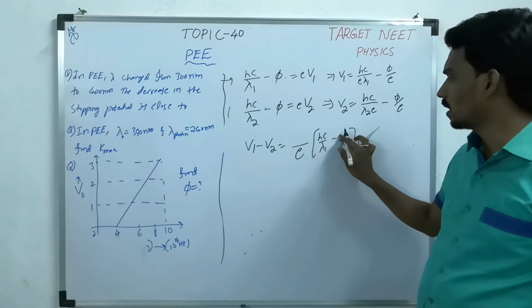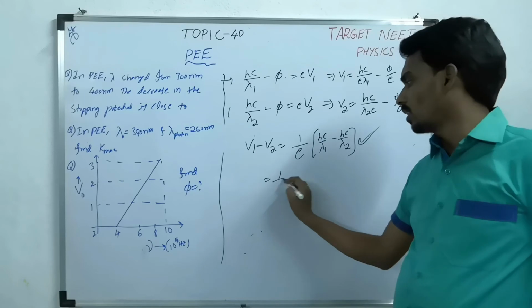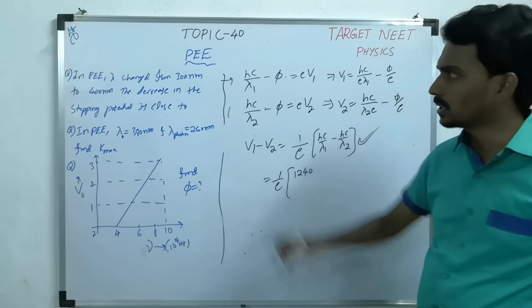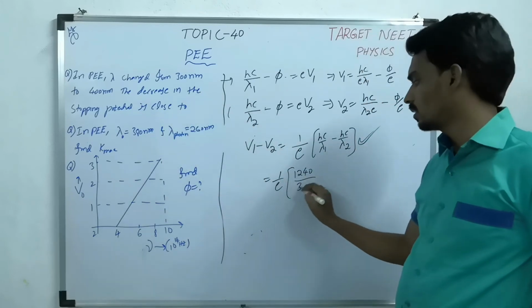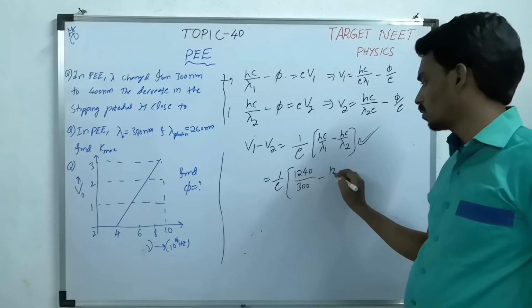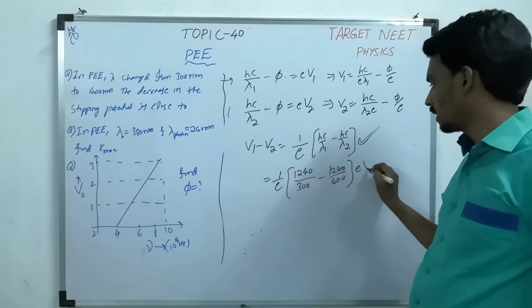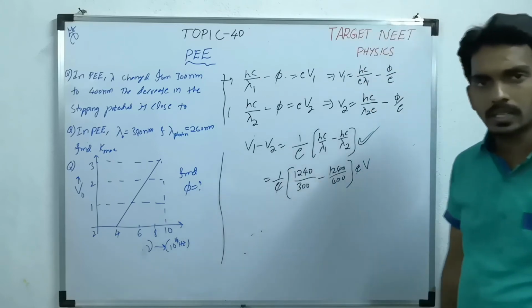Now if you consider hc by e, you can take hc as 1240 because it is given in nanometer. Lambda 1 is 300, so 1240 by 300 minus 1240 by 400, and you will get this value in electron volt. Then the electron charge will get cancelled.